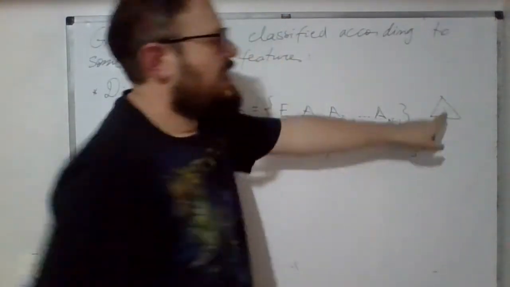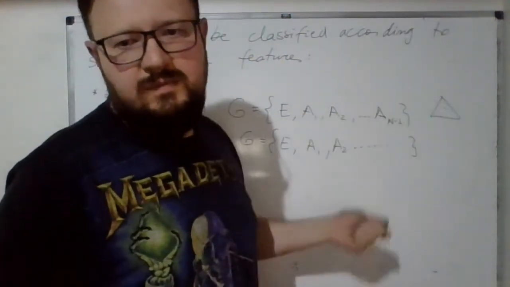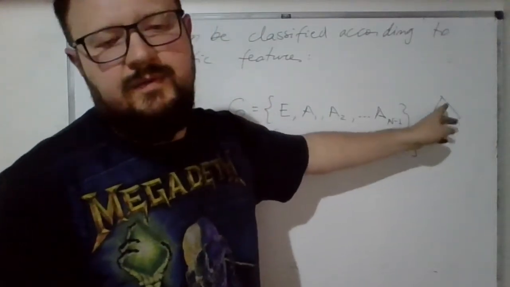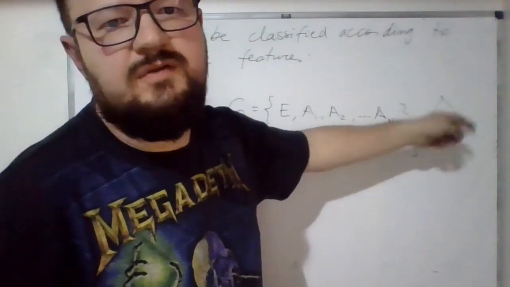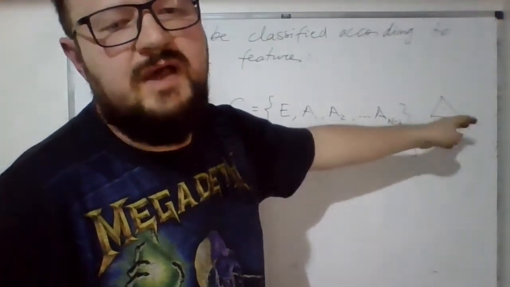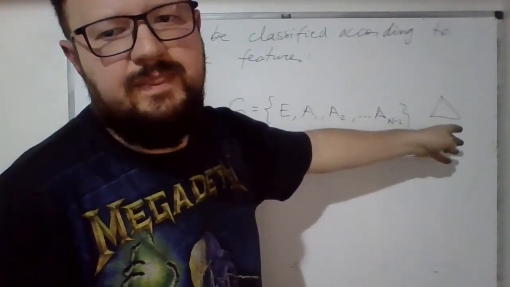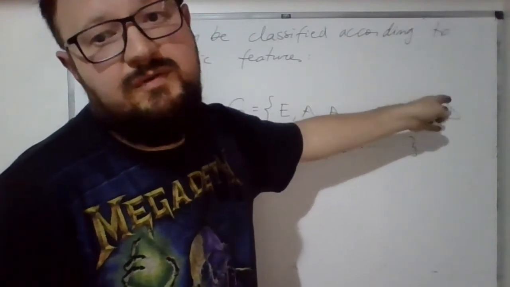Because in the case of triangles, you can only rotate by 0 or 120 degrees or 240 degrees, and there are only 3 rotations possible.